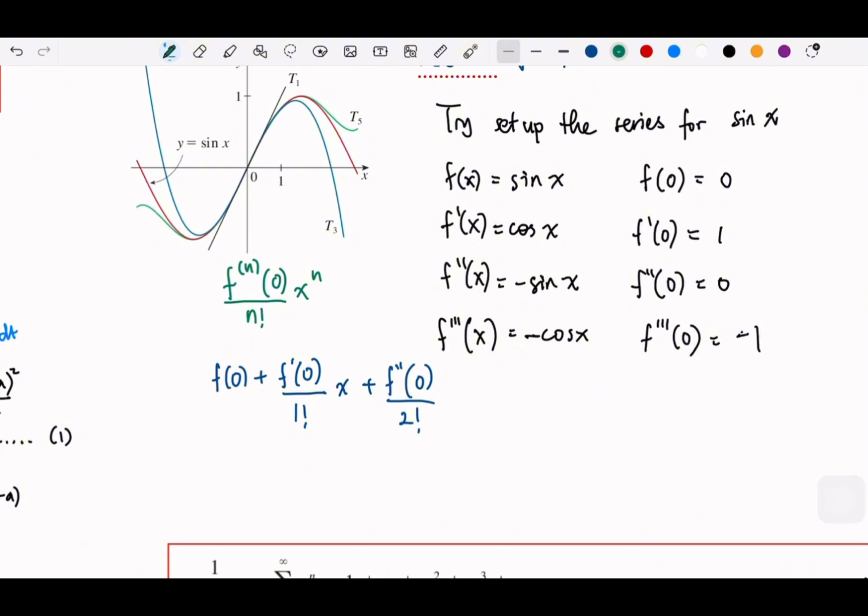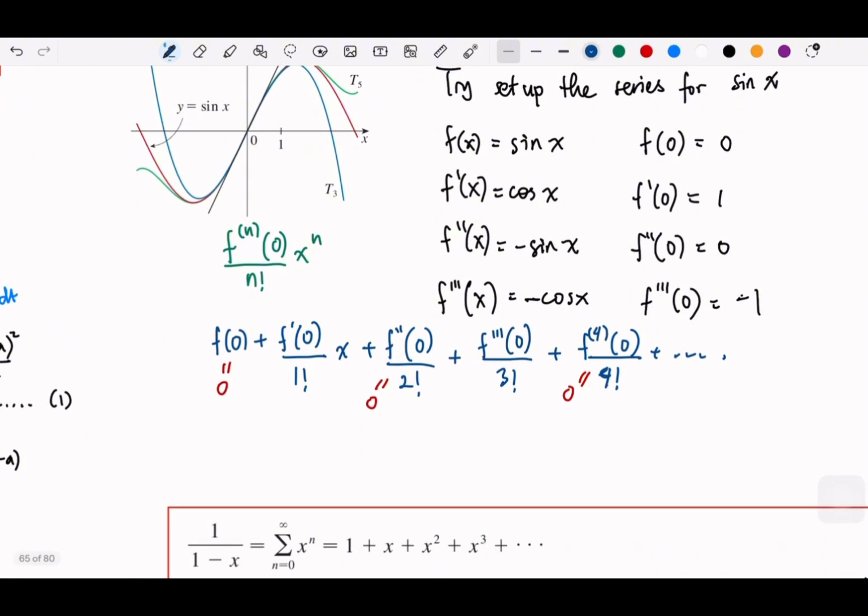So we expand this, increasing the n, and taking another part here, 3 factorial, and then maybe 4, and then plus dot dot dot. Every time we have the f double prime, or all the even number, including f0, this will be all 0. So the only way we have now is only the odd number n.